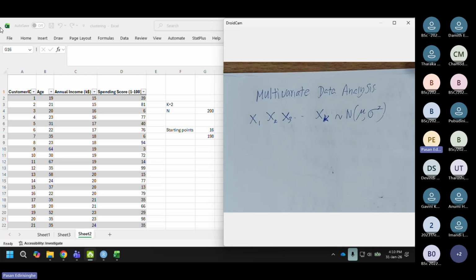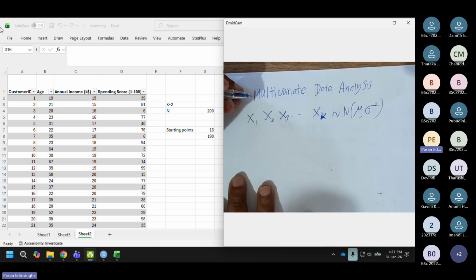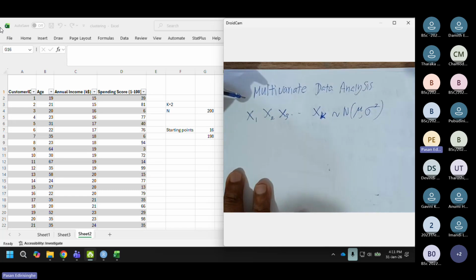Each of them is a random variable, and I want to treat those variables together and see what is happening with them. So that's our target. Then of course, what are the things we can do there, right? We need to focus on that. What are the things we can identify?